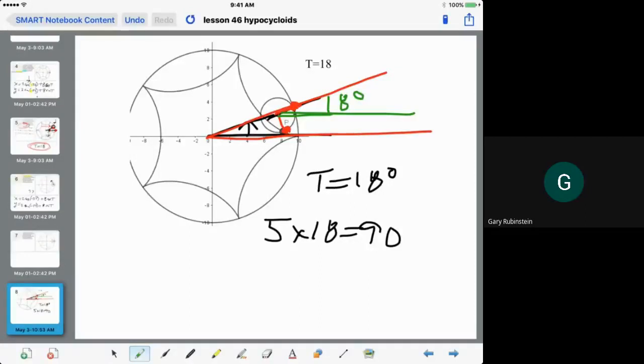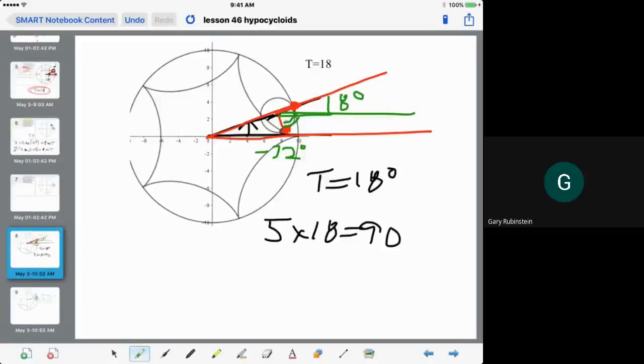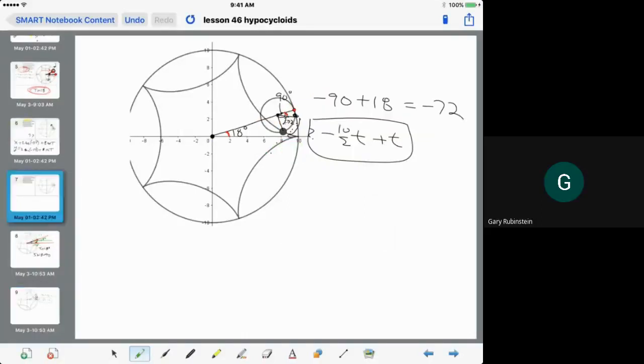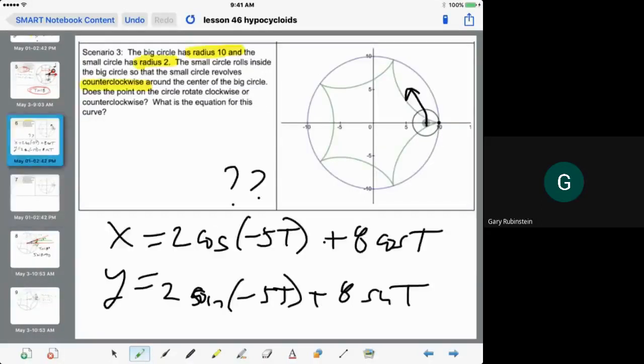And that's why this angle here is not at negative 90 anymore. It's now at negative 72. And that's why, just like yesterday, we need to throw in an extra plus t, just like yesterday.